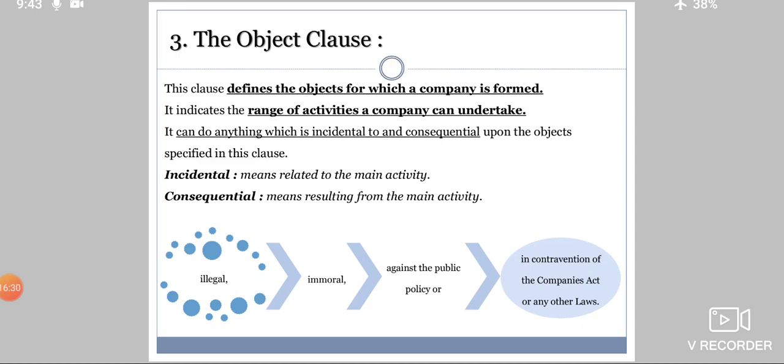Now the company has decided certain activities to conduct. Now whatever activities are related to achieving the goal will be incidental, and then you have consequential. Consequential means resulting from the main activity. What will happen if this company performs a certain activity? This is all allowed; the company can do it.